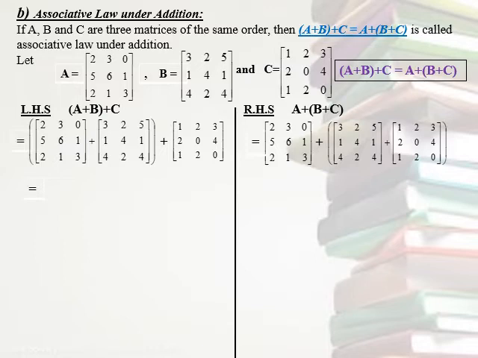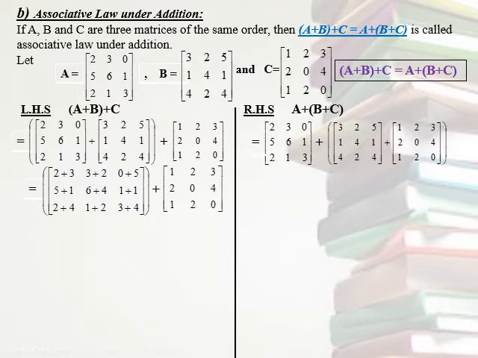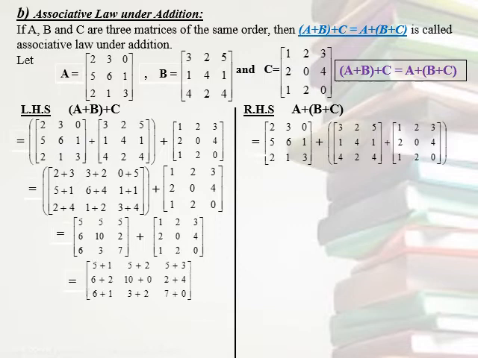So in this step I'll add the entries of matrix A to the corresponding entries of matrix B, then the plus sign and then matrix C. Now after addition I have got this matrix, then the plus sign and then matrix C. In this step again I'll add the entries of the first matrix to the corresponding entries of the second matrix, and after addition I have got this matrix.